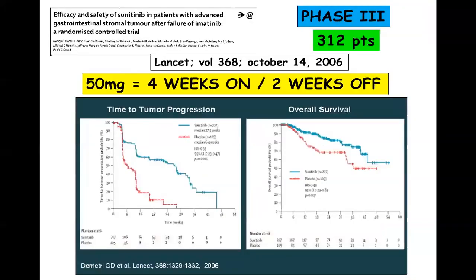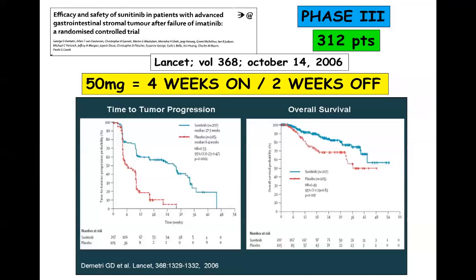The FDA approval was based on a phase 3 trial published in Lancet in 2006 on 312 patients in progression after imatinib, comparing sunitinib and placebo.